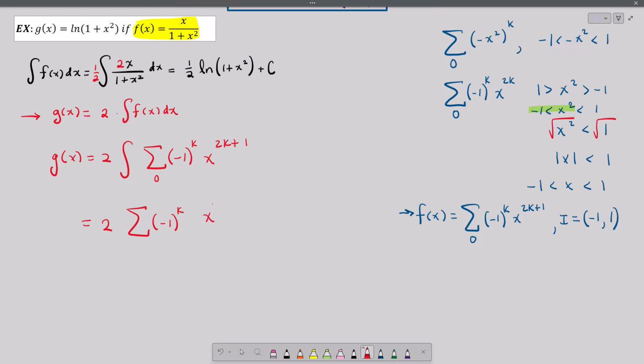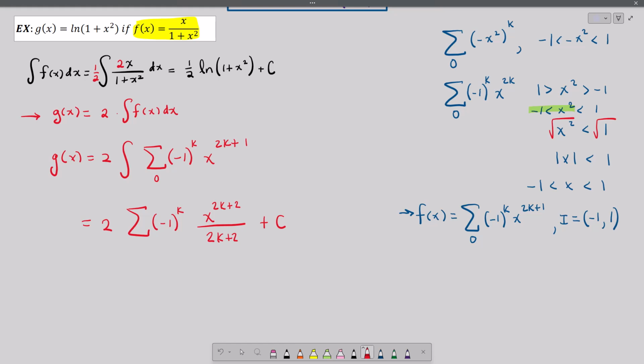So we're going to add 1 to this exponent, and we're going to divide by the new exponent. And when you do an integration, you're going to end up with a plus c also. So we could put a plus c out here. And so that's that c that is also absorbing the c from up there.